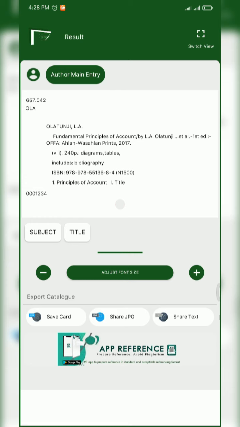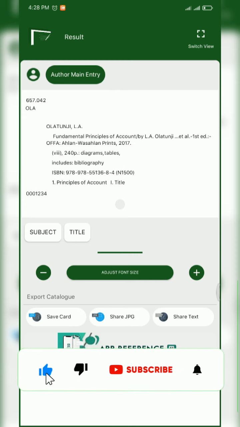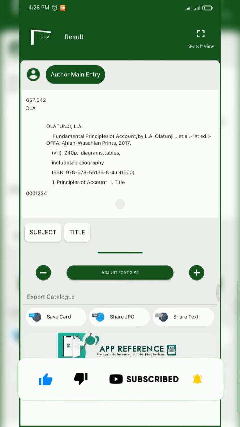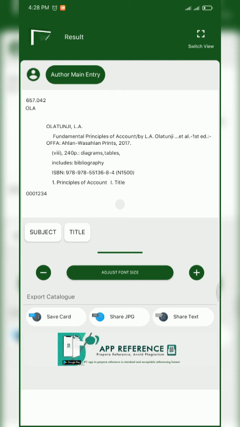So only this most significant author is taken. The et al always signifies a book with more than 3 authors. Understood? So this is how the entries will look for a book with more than 3 authors.